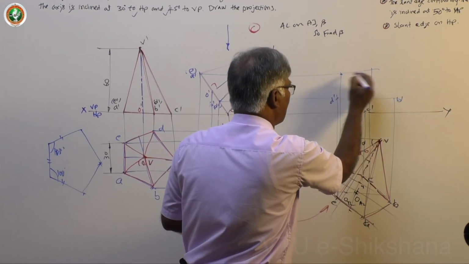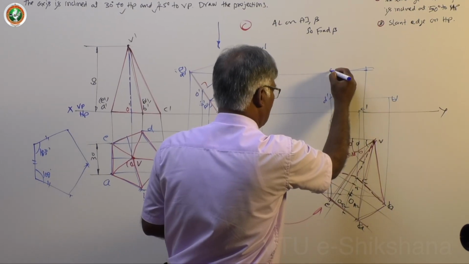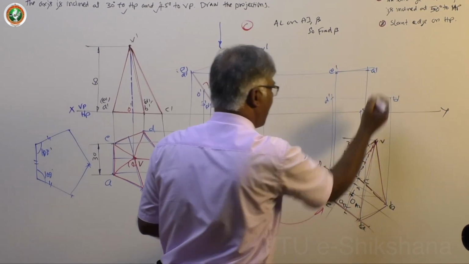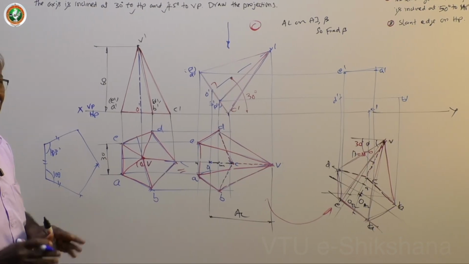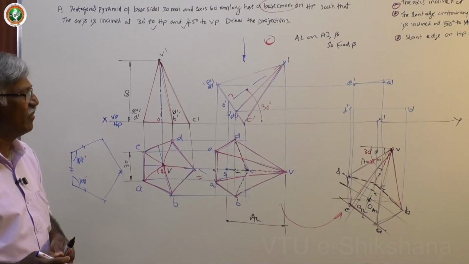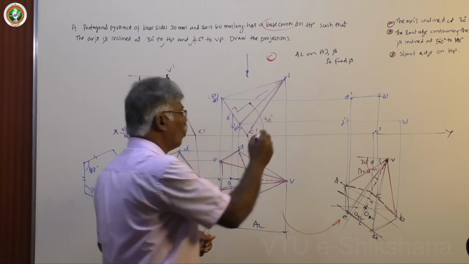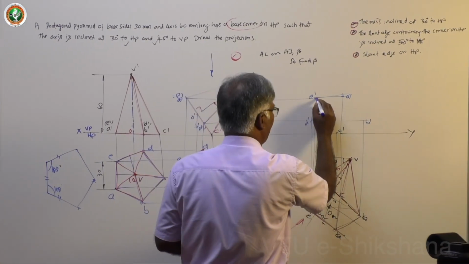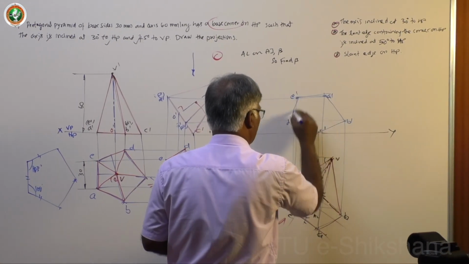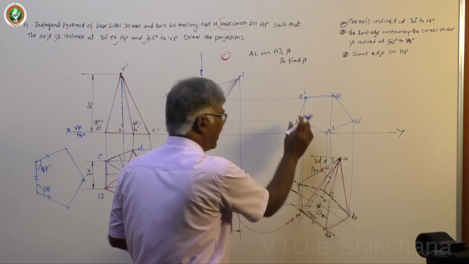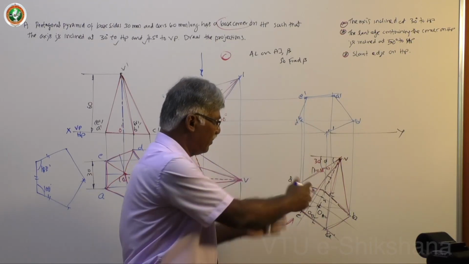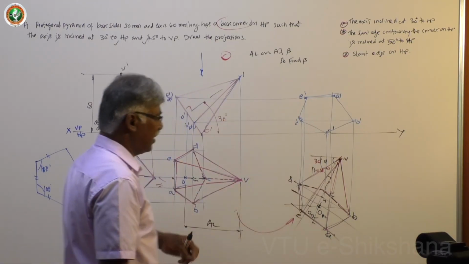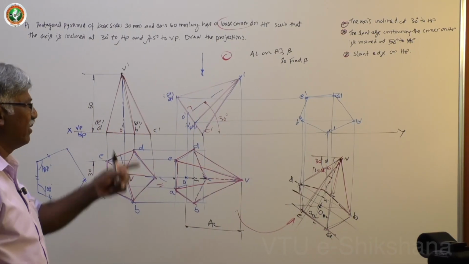This is E dash, this is A dash. Every time you check twice whether you have made it properly. Before V, let me join this to avoid any confusion. You may get variations, D this side, E this side, because of angle changes. Here I have taken an approximate angle and am drawing.